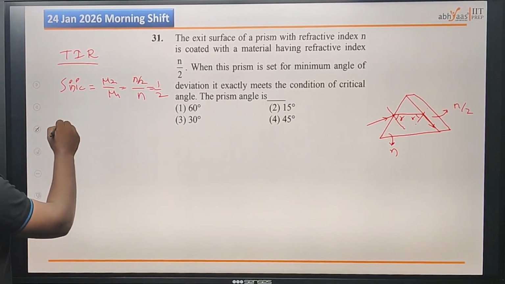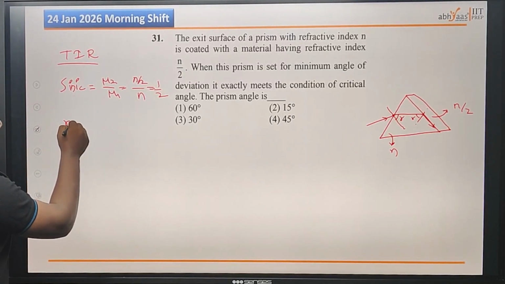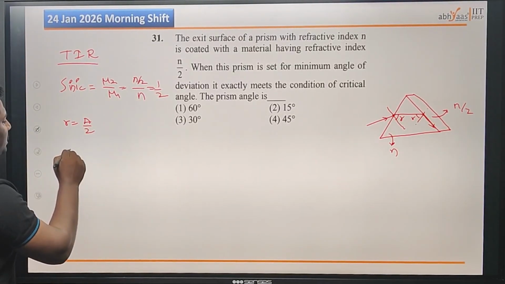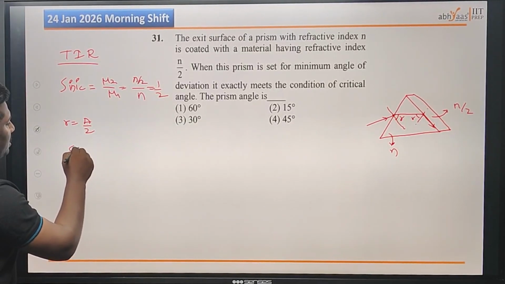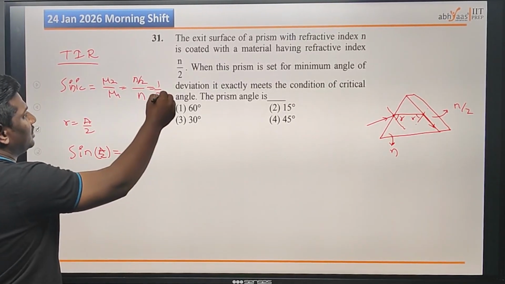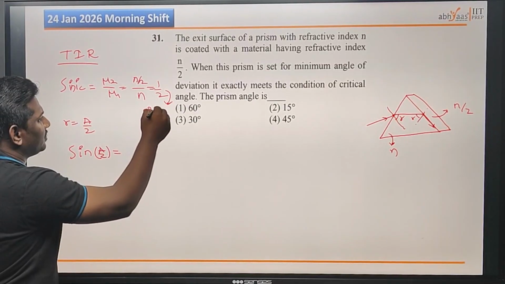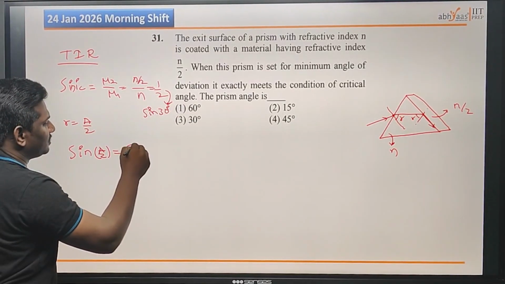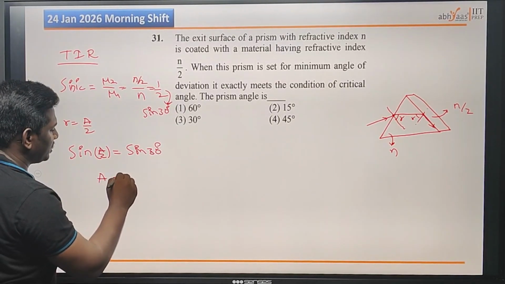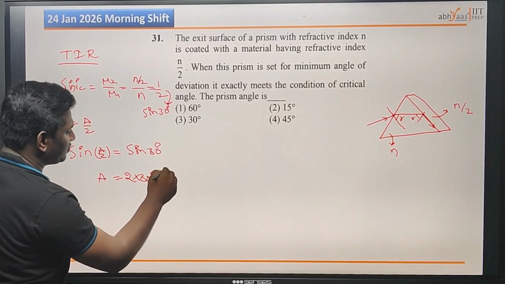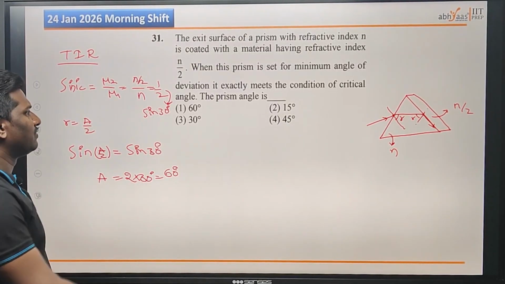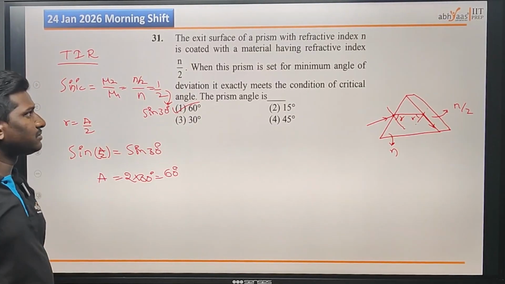So we know that one condition for r is A by 2. So from this one, write it as sin A by 2 is nothing but what is this? Sin 30 degrees. So if we compare these two, you will get A equal to 2 into 30, that is nothing but 60 degrees. That is our angle of prism. Prism angle is 60.